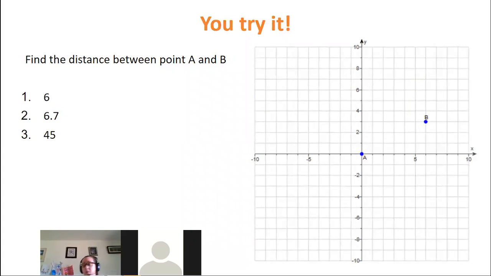No. What would I have to do with A and B first before I can find the distance between point A and B? We can't really count it. Unfortunately, it's not very easy. You can't just go 1, 2, 3, 4, because it's over there.